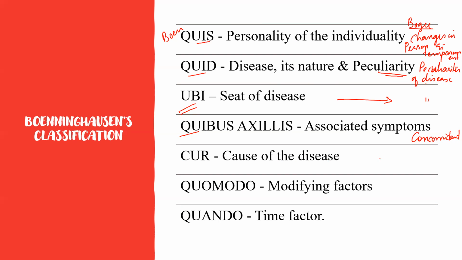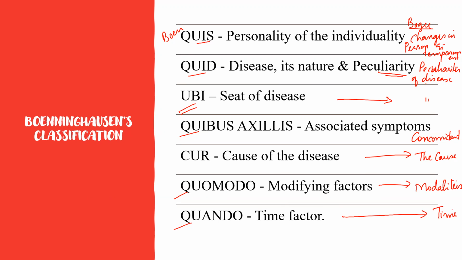It means cause of the disease, and in Boger's words, it is the cause. Same thing. Next is quomodo. Quomodo means modifying factors; in Boger's word, it is modalities. And lastly, we have quando, time factor. In Boger's words, time. So it is the same.